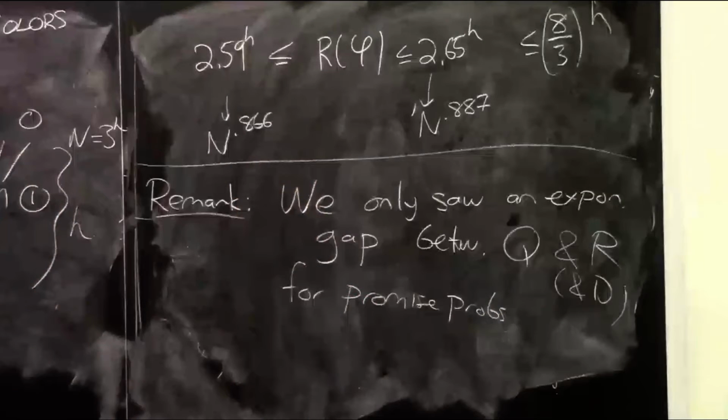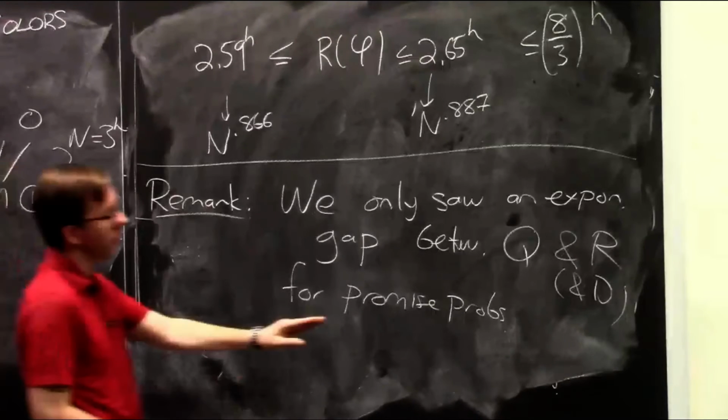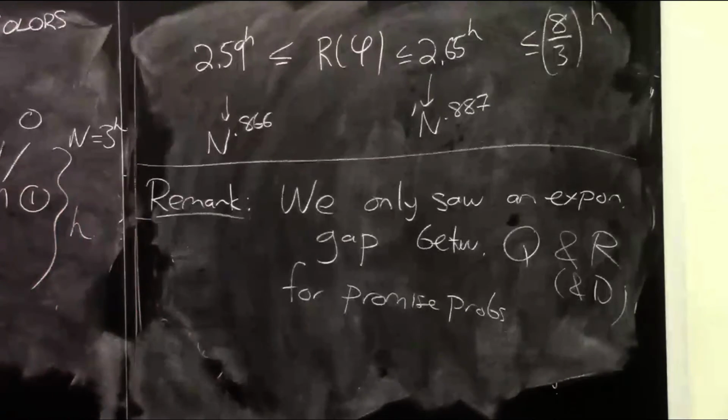In fact, we really only talked about the case of Simon's problem where there's an exponential gap between Q, the quantum query complexity, and the classical query complexity. But OK, Shor's problem has a similar phenomenon. And it turns out that this is not a coincidence.